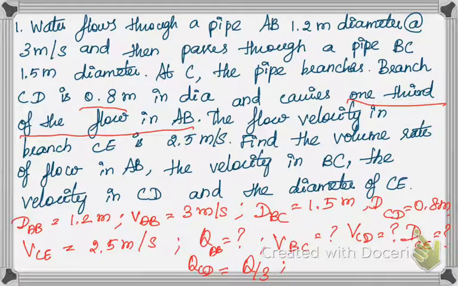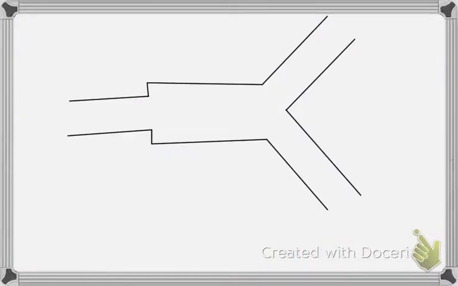Now we have to draw a diagram. So I have drawn a diagram something like that as per the given. Water flows through the pipe AB, which has a diameter of 1.2 meter, and then it passes through a pipe of diameter 1.5 meter, so this will have a larger diameter.